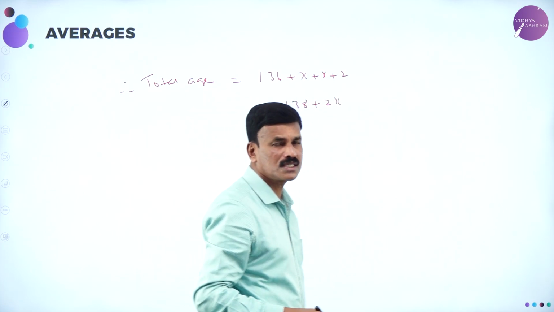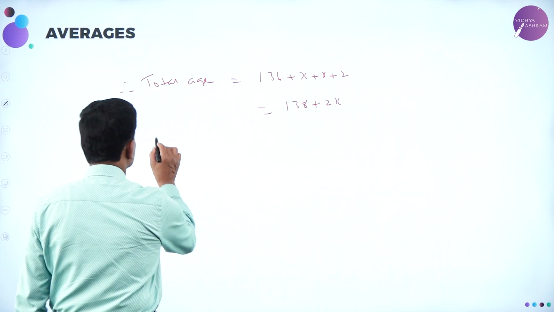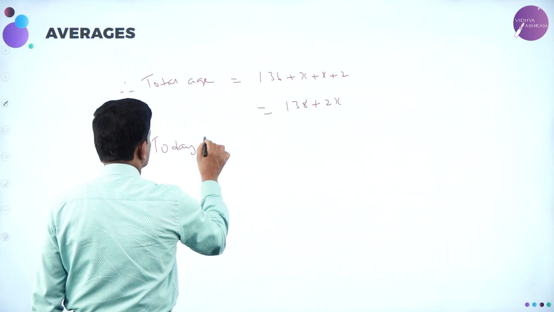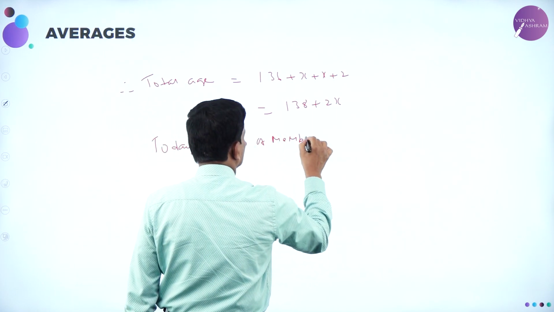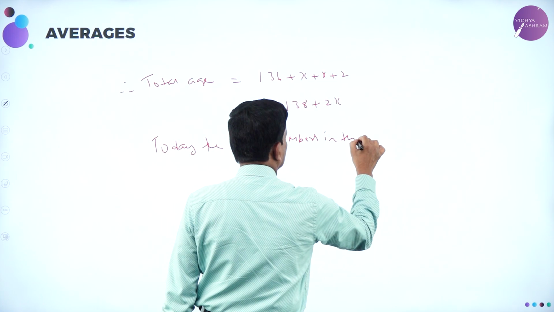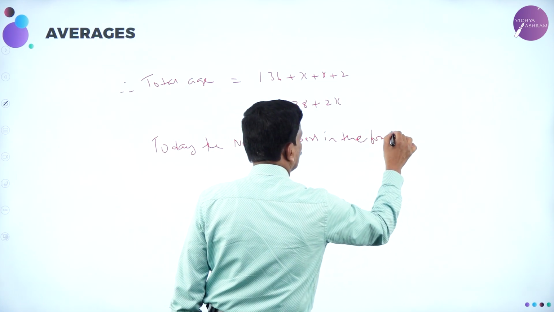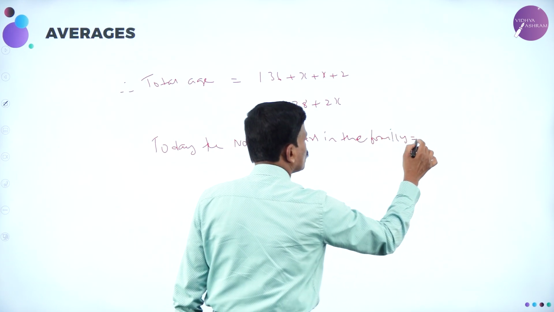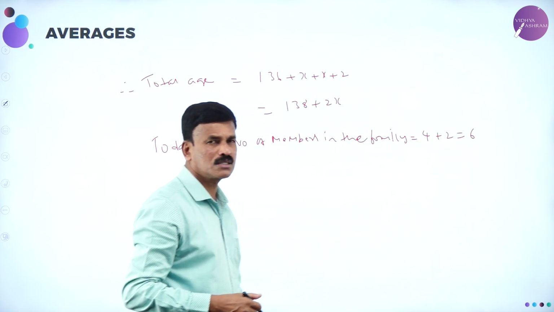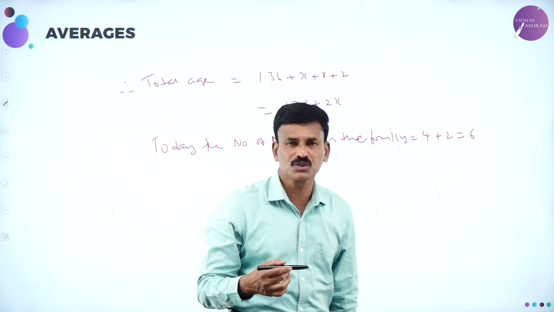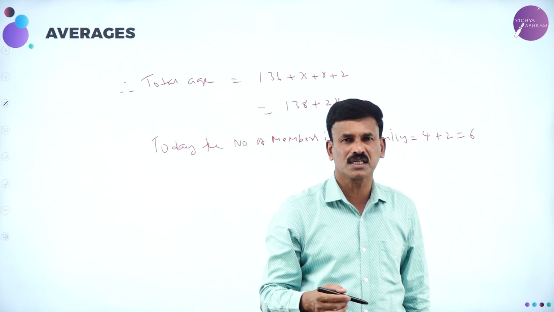Today, the number of members in the family is equal to 4 plus 2 newly born children, that's equal to 6 members, right?